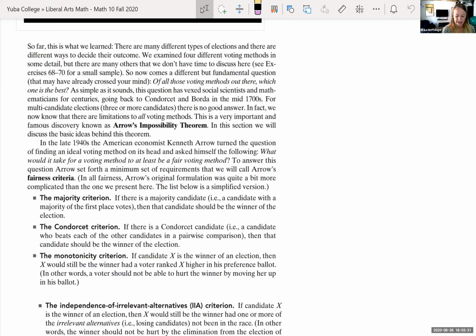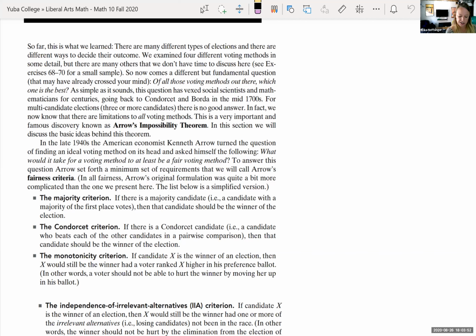Okay, so in the late 1940s, American economist Kenneth Arrow turned the question of finding an ideal voting method on its head, and asked himself the following: what would it take for a voting method to at least be a fair voting method?